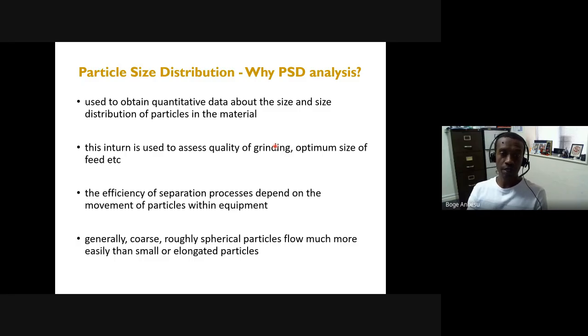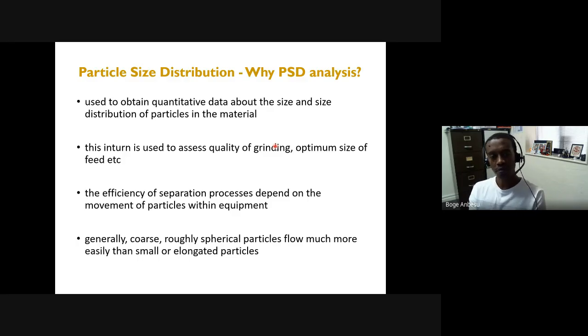So in a bigger plant, that is possible to do. Then I know what my P80 is, for example. That's the typical figure that we want. Is it varying day by day? Is it always constant? Is there anything that I'm seeing? Because when you mine, the ore composition varies. Sometimes you tend to hit a soft spot in the mine, and sometimes you hit a hard spot because you're not nicely blending it.